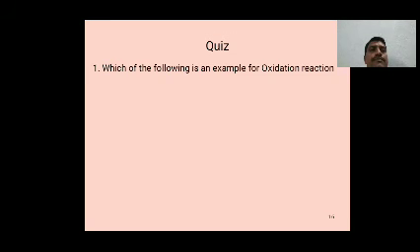Quiz. Which of the following is an example of an oxidation reaction?